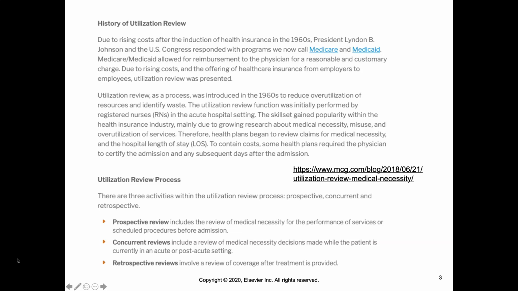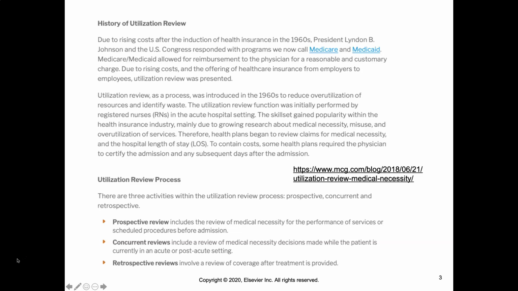And then there are retrospective reviews that involve looking at medical necessity from a look back, a retrospective audit. After everything has been done and the claim has been paid and the dust has settled, going back and seeing about medical necessity. So those are the three types of the utilization review process: prospective, concurrent, and retrospective.